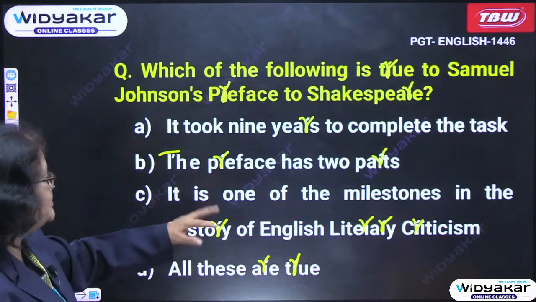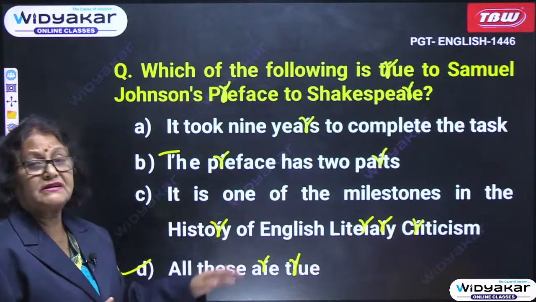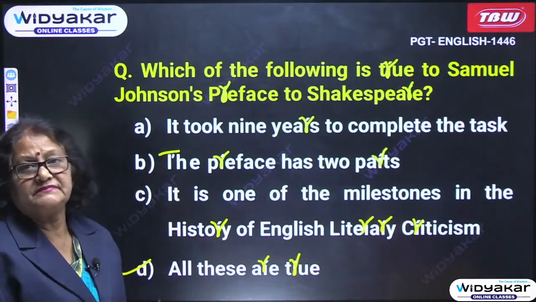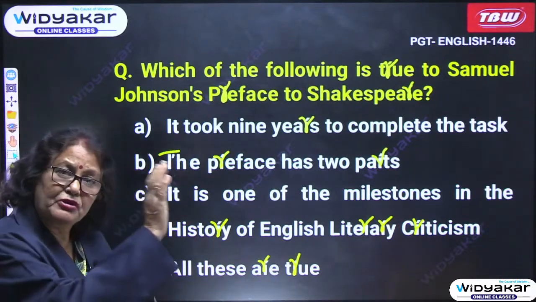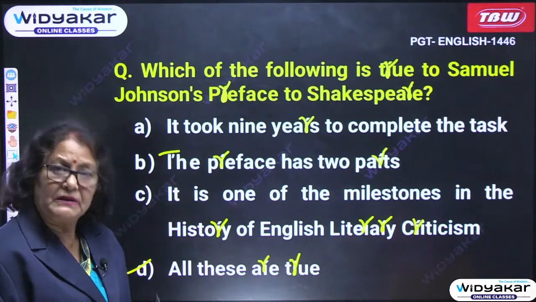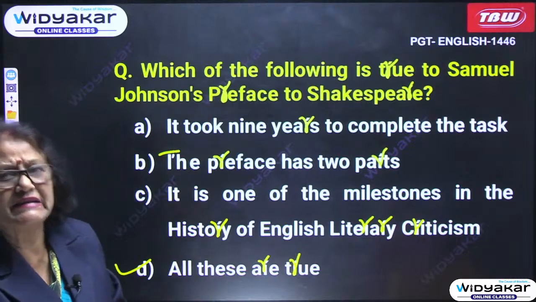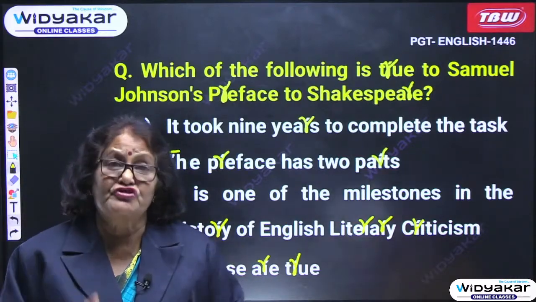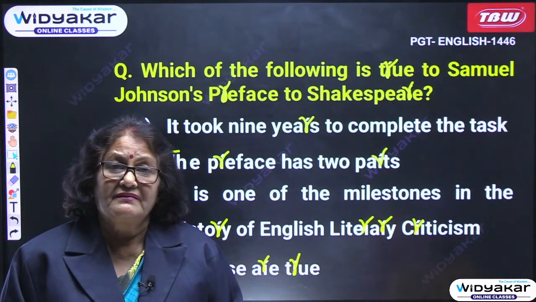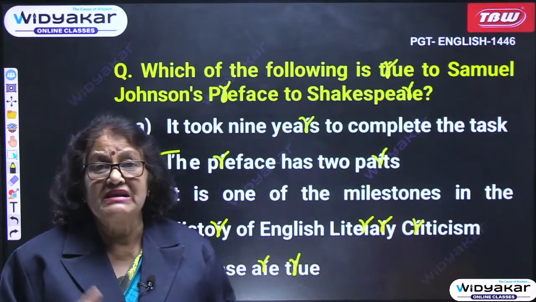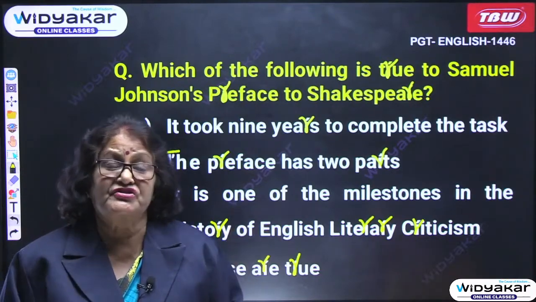It is one of the milestones in the history of English literary criticism, one of the finest. Apology for Poesy by Philip Sidney, and Johnson's was really masterly. Johnson was an intellectual. He is Dr. Johnson, known as Dictionary Johnson because he brought out the English dictionary.